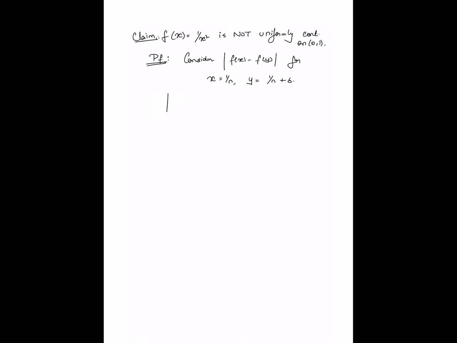Now if you look at the gap between the function values, which is f of 1 by n minus f of 1 by n plus delta, the same calculations that we did before would give you that this is equal to delta into delta plus 2 by n upon 1 by n into 1 by n plus delta.